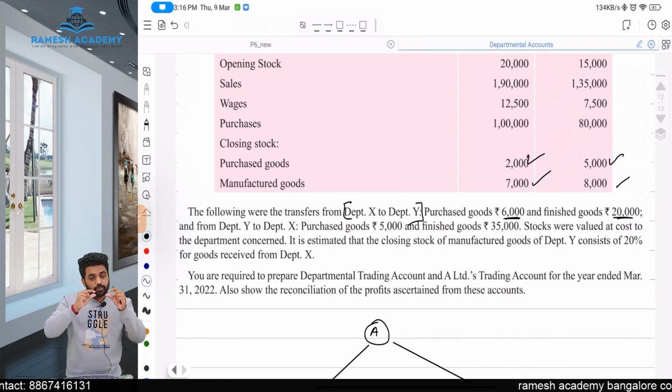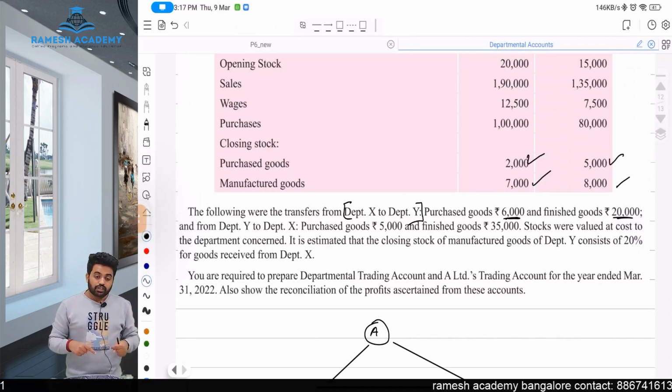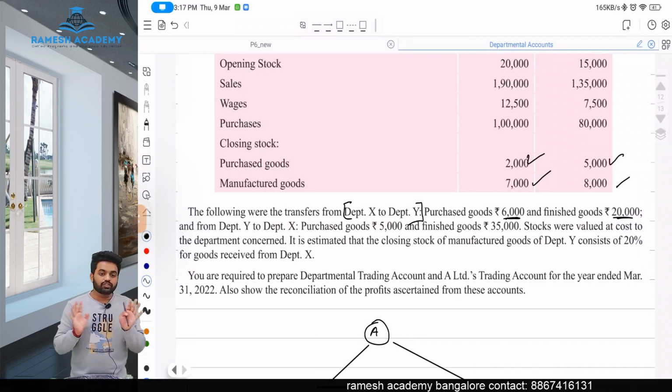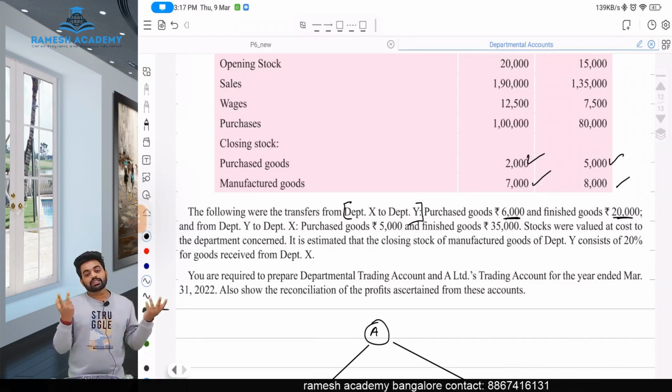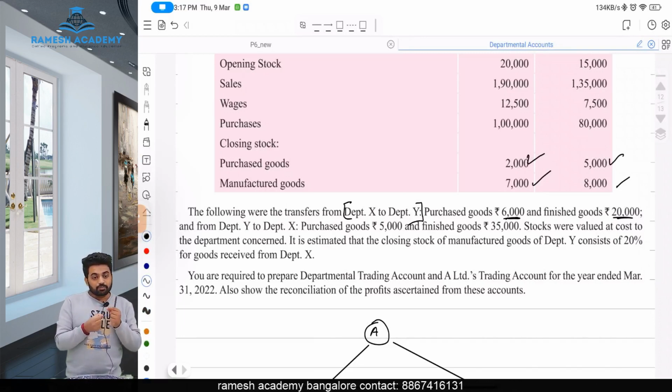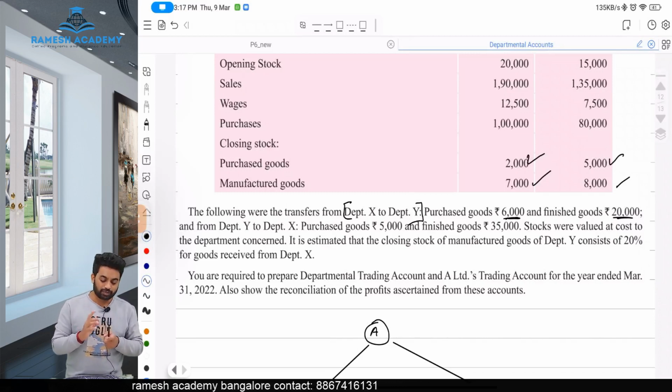But finished goods of 20,000, the cost of that is not 20,000, because in finished goods the selling profit is included. They are transferring it at selling price.